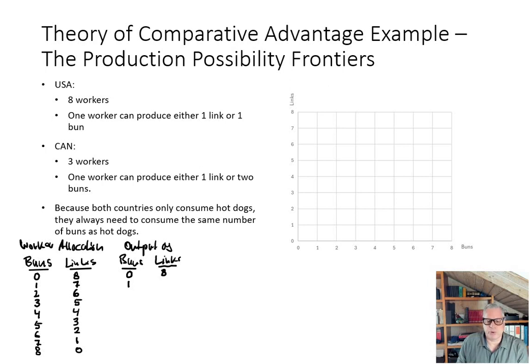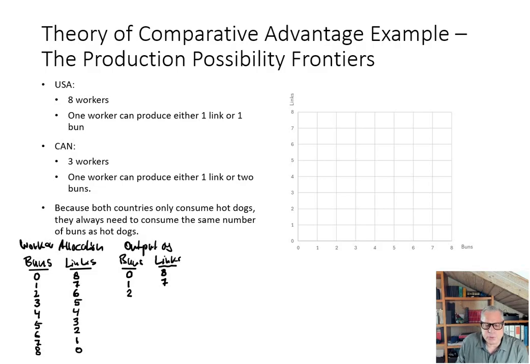And the 7 workers now producing links will generate 7 links. Well, since each worker always can produce 1, the output of buns and links is exactly equal to the allocation. But later when we talk about Canada, it will be different. So the output of buns and links will have the same sequence as here.